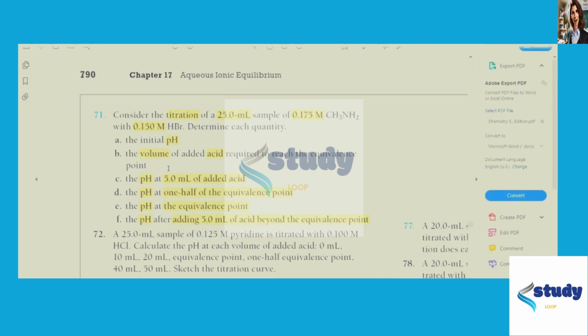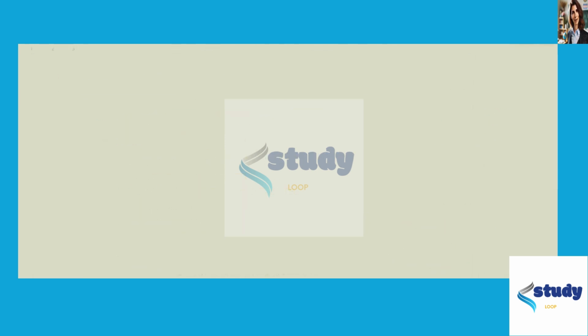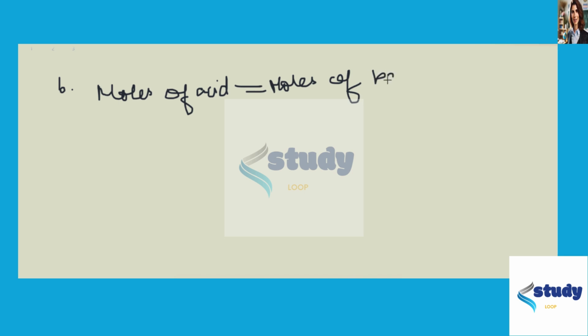Now the second part asks us to calculate the volume of added acid required to reach the equivalence point. For this, you have to understand the concept that at the equivalence point, the number of moles of acid has to be equal to the number of moles of base. How do you calculate the number of moles of acid?